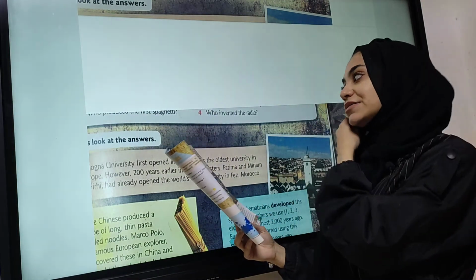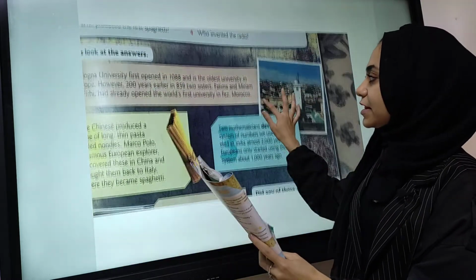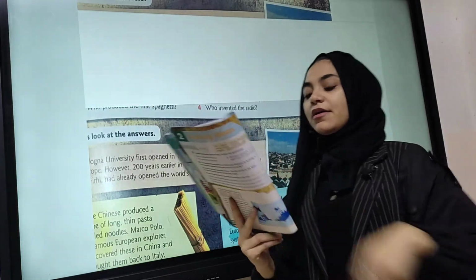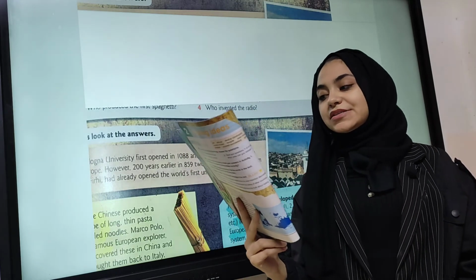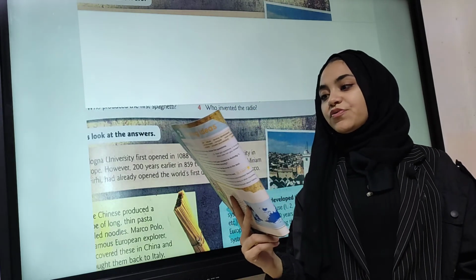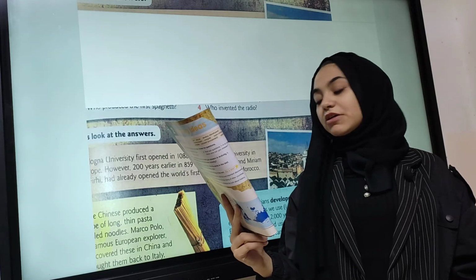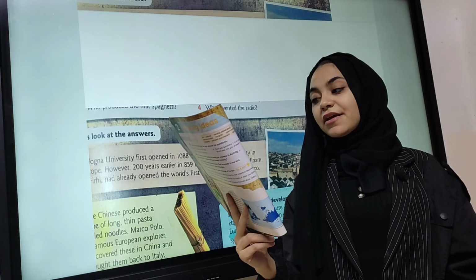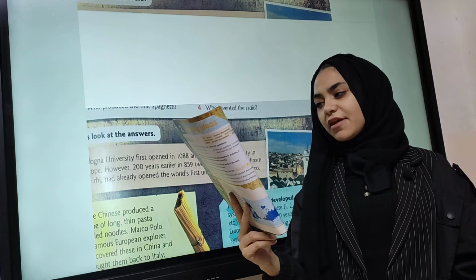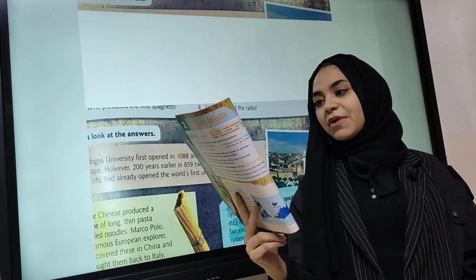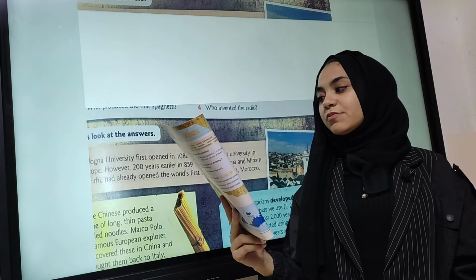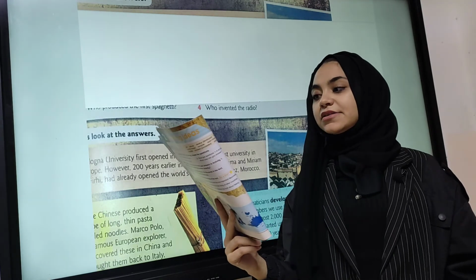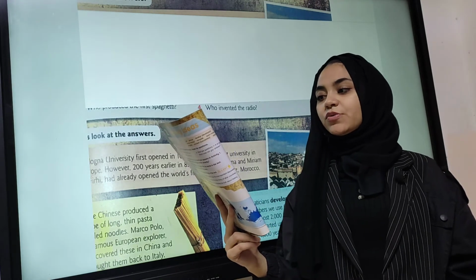So let's look at the answers. Bologna University first opened in 1088 and it is the oldest university in Europe. However, 200 years earlier, in 859, two sisters, Fatima and Maryam, had already opened the world's first university in Fez, Morocco. So these are the answers to these quiz questions.